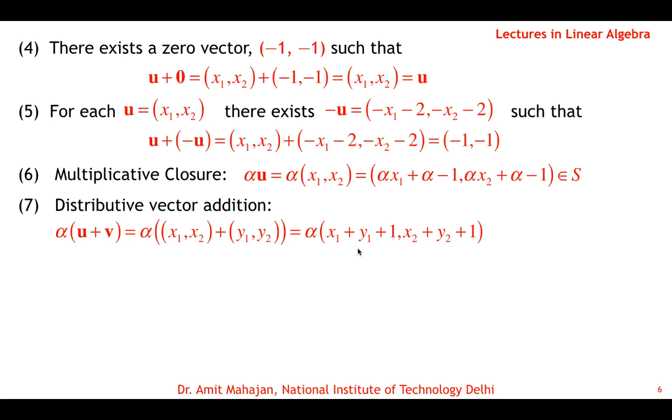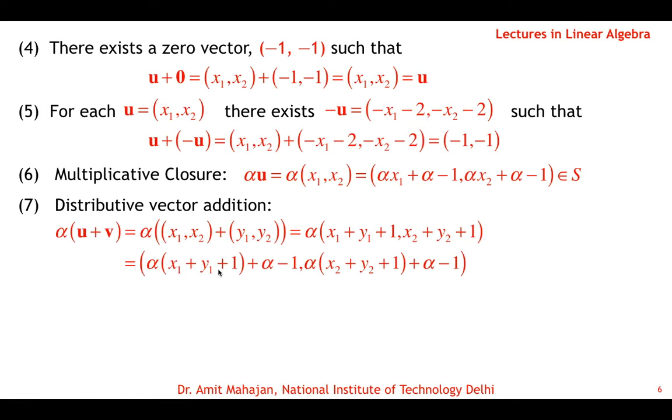Then when alpha is multiplied to this, this rule comes in: alpha times this is scalar times first element plus alpha minus 1. So alpha times x1 plus y1 plus 1, plus alpha minus 1, and the same rule for the second: alpha times this whole quantity plus alpha minus 1. So what we get is alpha times the first element plus alpha minus 1, and alpha times the second element plus alpha minus 1.